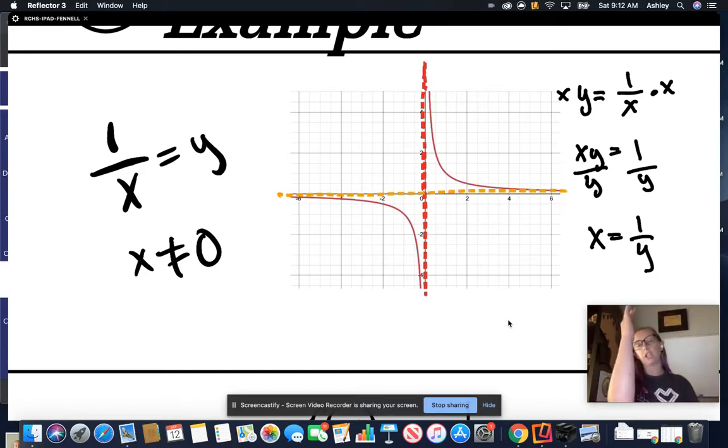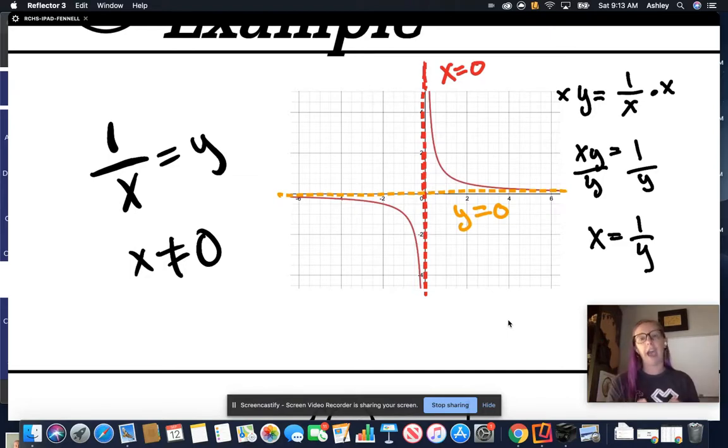So we have a vertical asymptote here at x equals 0, and then we have a horizontal asymptote at y equals 0, because both those values make the function undefined.